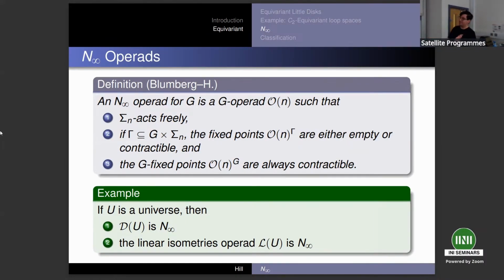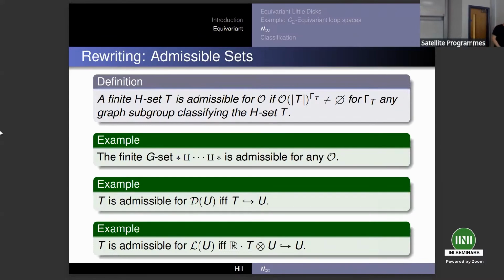Another example is the linear isometries. So this is the nth space in this is isometric embeddings of the direct sum of n copies of U back into U. These are sort of the prototypes. And the way that this connects to the algebra I described before is through this notion of what Andrew and I call an admissible set.